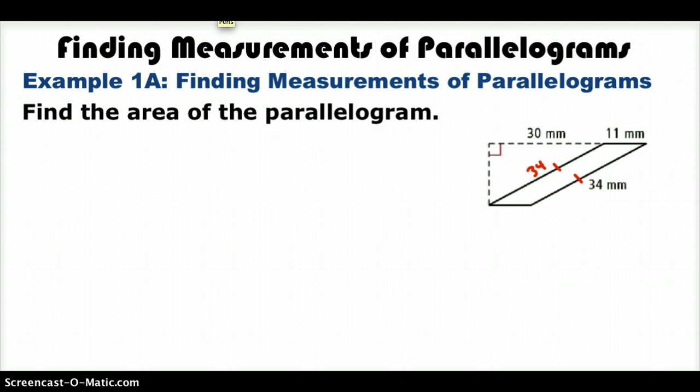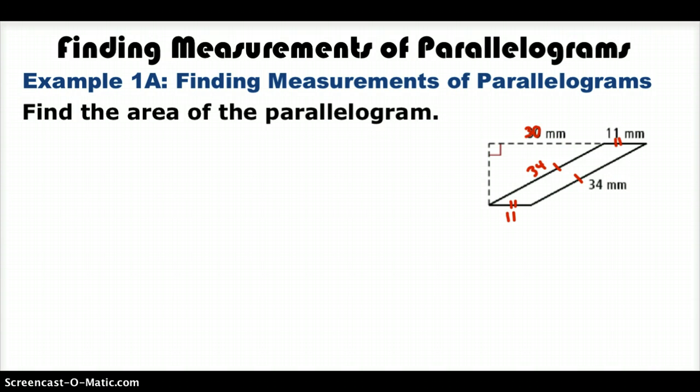It would also mean that this side length right here is also 11. These are just the properties of parallelograms. And we now want to find the height of this parallelogram. Now it does us a nice favor here, and it tells us that this distance right here is 30 millimeters. And so that's definitely nice to know.